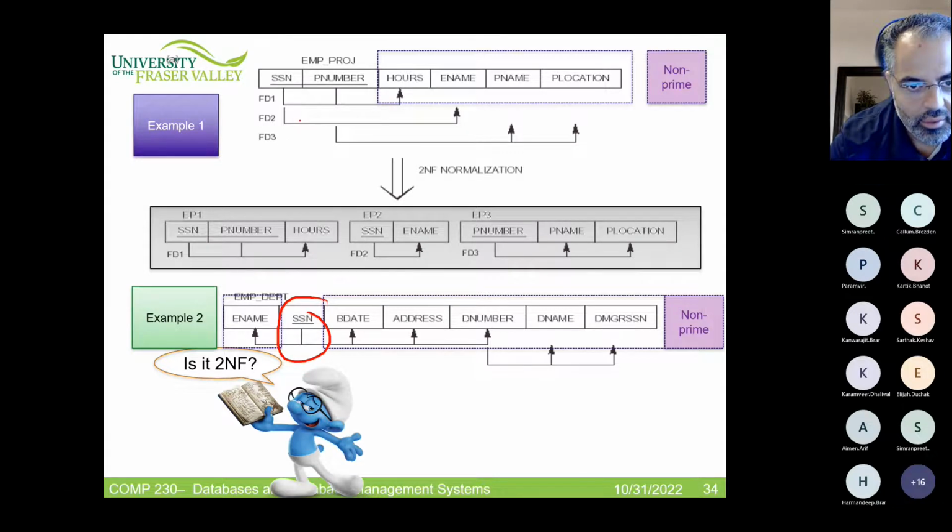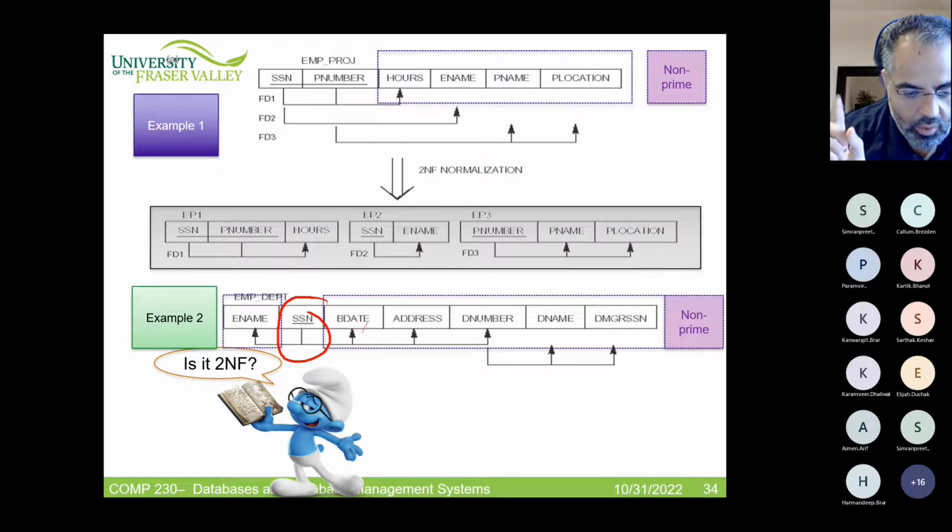I guess I don't really have anything new to add. The primary key is there, and every non-prime attribute is only dependent on the primary key. It is not like this.